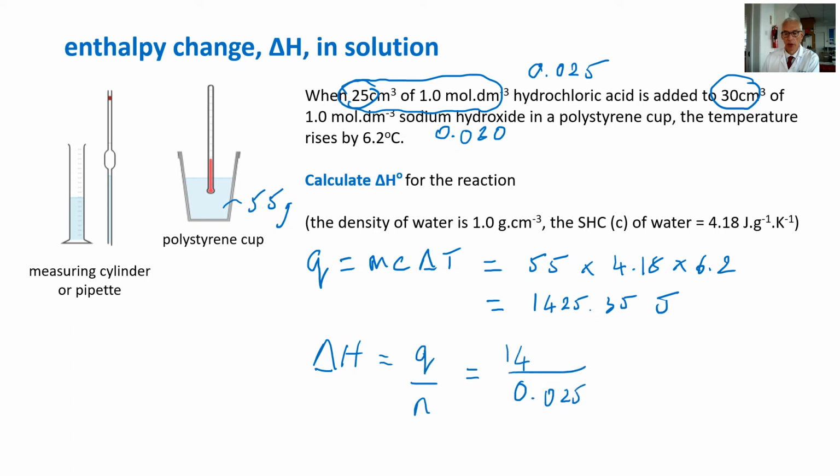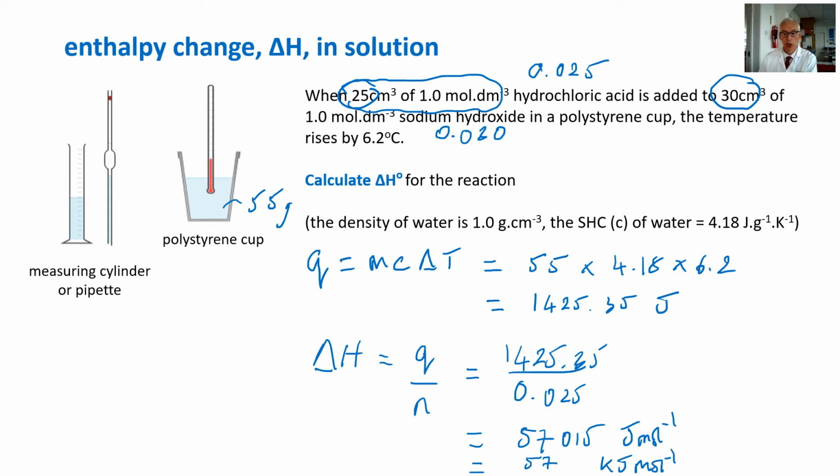So to express delta H, I divide 1425.35 by the number of moles, 0.025. That comes out as 57015 joules per mole. Now there's two things that can be done to that. Of course, the first thing is we convert it into kilojoules per mole.